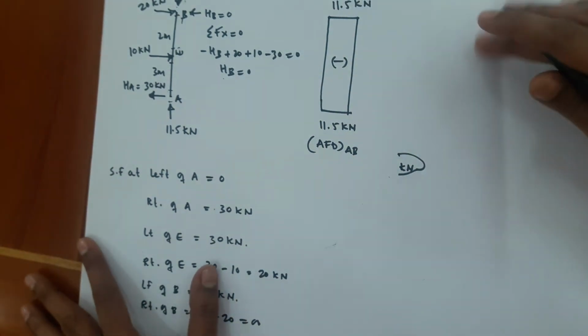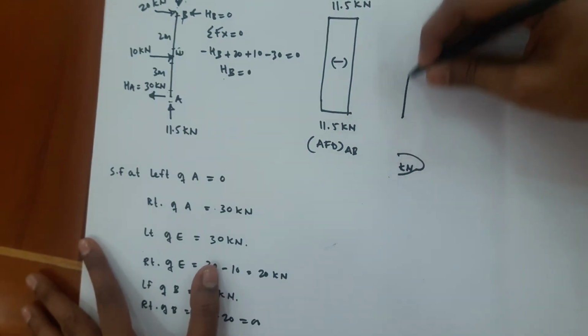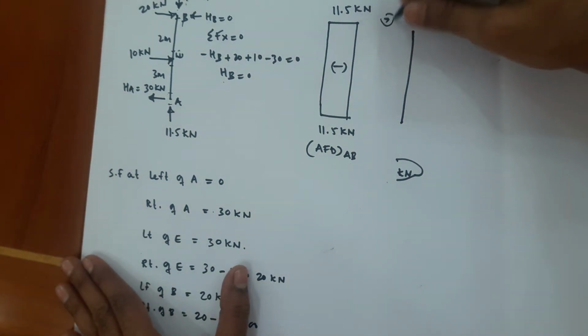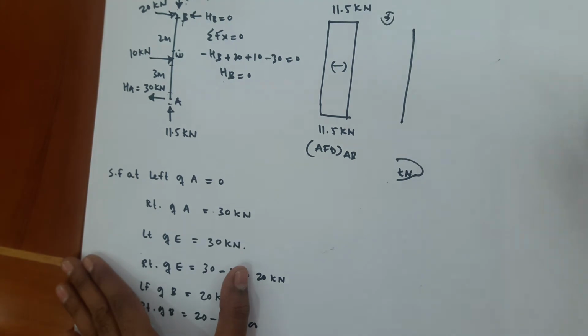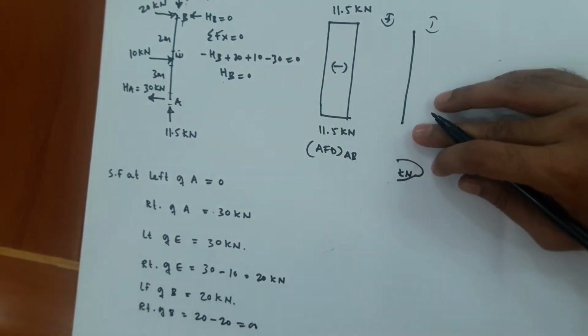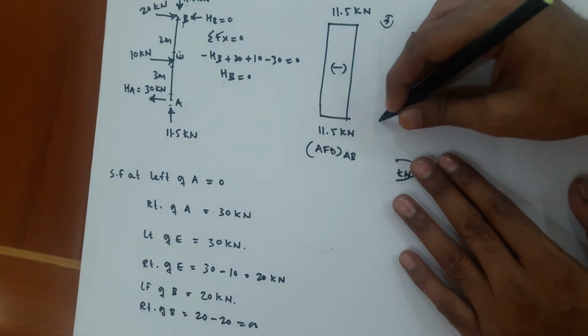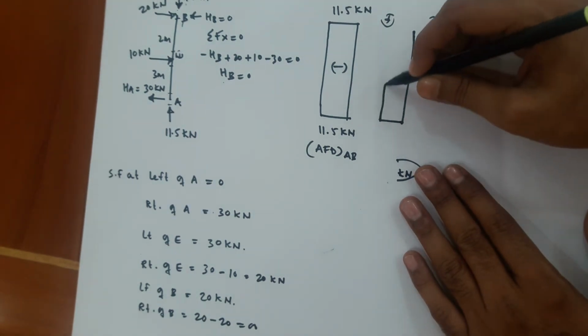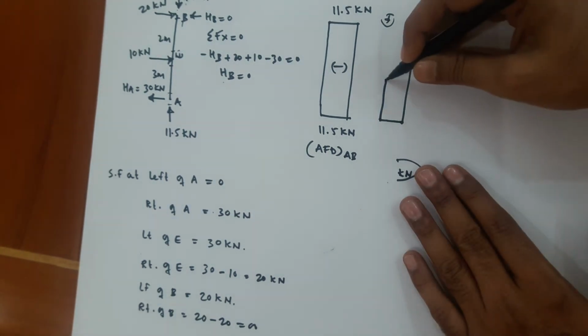It will be like this. This is the datum for the shear force. Above datum indicating positive shear force, below datum indicating negative shear force. So left of A is 0, right of A is plus 30, left of E is 30 itself, right of E is 20.